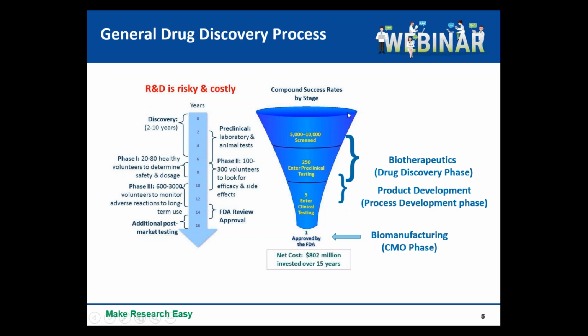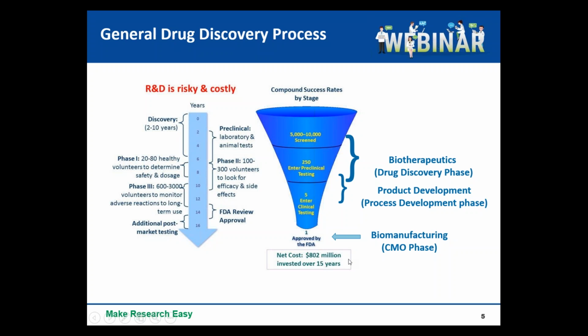The funnel on the right-hand side is a small molecule funnel, but it is also applicable to biologics discovery. You start off with thousands of leads. In the case of small molecules, it's many thousands, and may even go into millions. Then as you go through the screening process, a few hundred go into preclinical testing, then a few molecules into clinical testing, and one gets the approval.